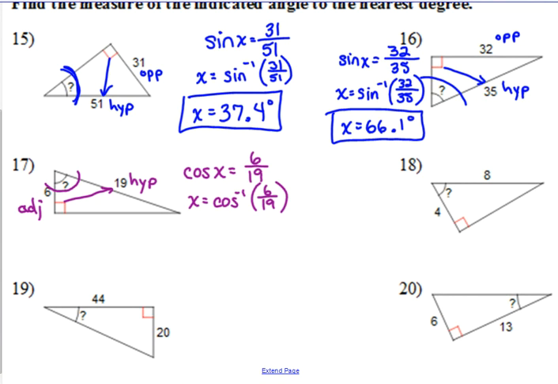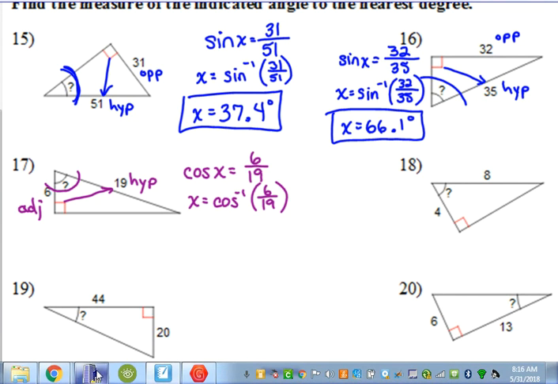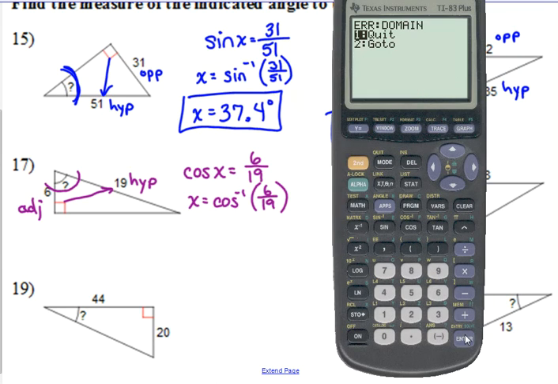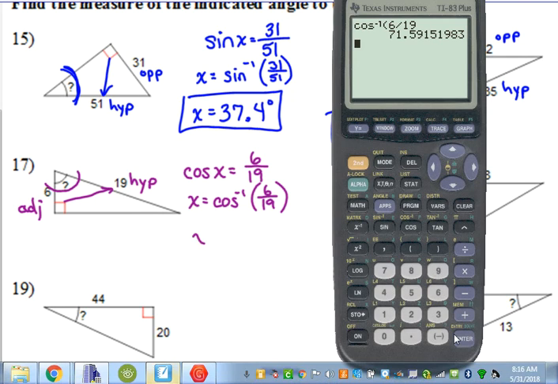If you put 19 over 6, which is not correct, your calculator won't do it. It gives you a domain error message. So you have to have that order correct. So x is 71.6 degrees.